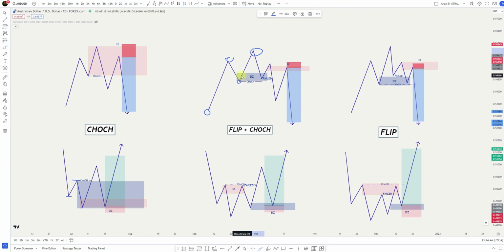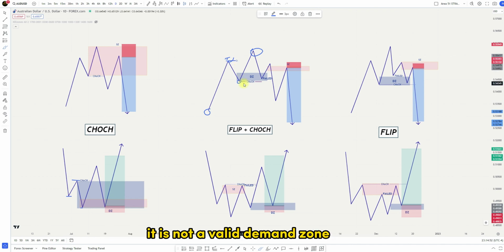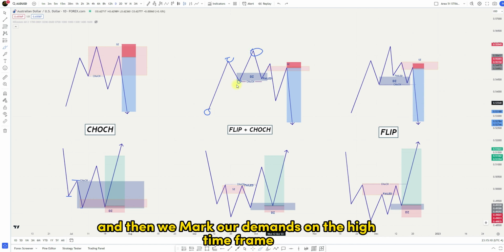In order to find a valid demand zone, it has to break structure. If a demand zone does not break structure, it is not a valid demand zone. A supply zone also has to break structure. In order for a supply zone to be valid, it has to break structure like it did over here. Always know that. So right now we have price creating higher highs, higher lows, and then higher highs, and then we mark our demand zone on the higher time frame.